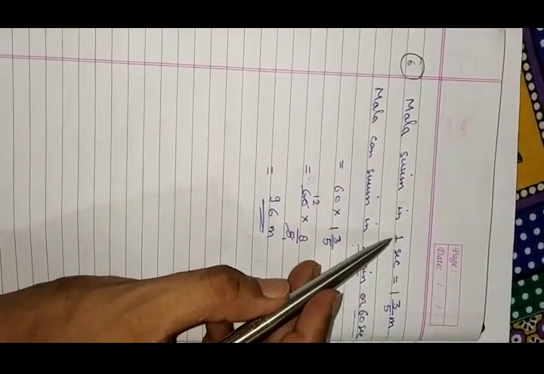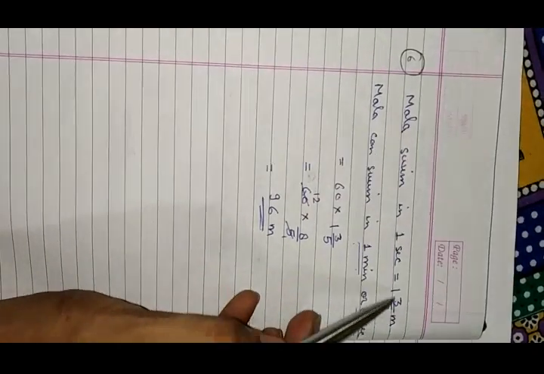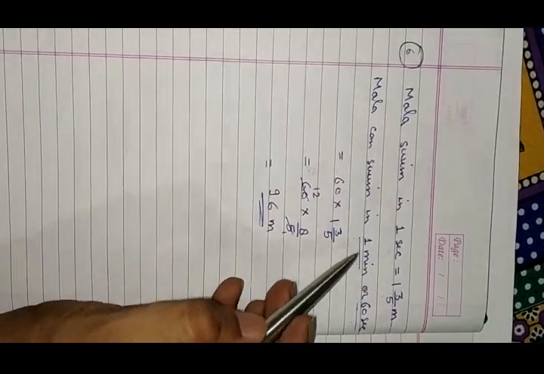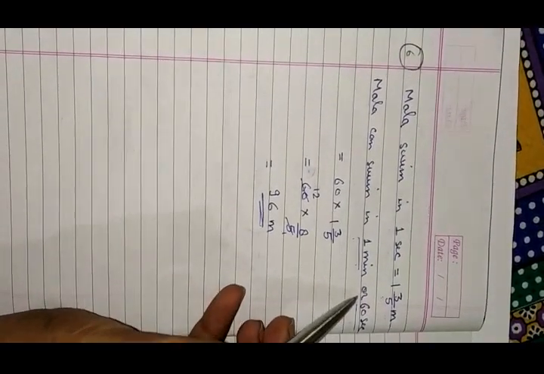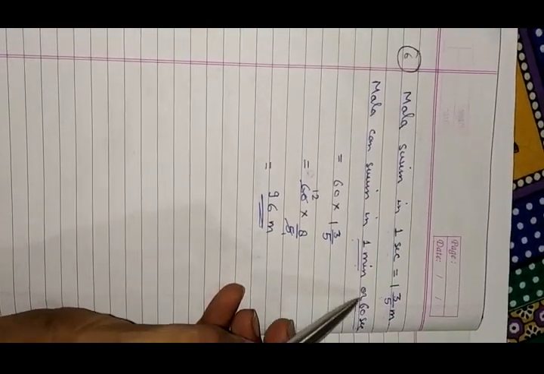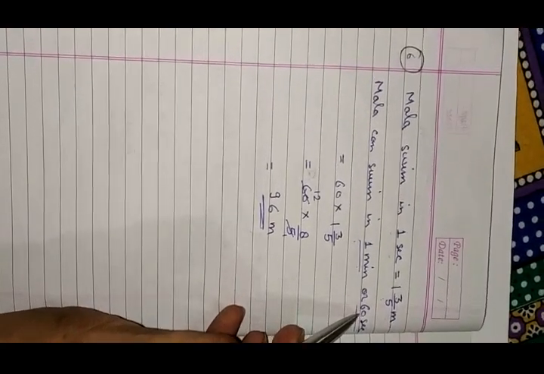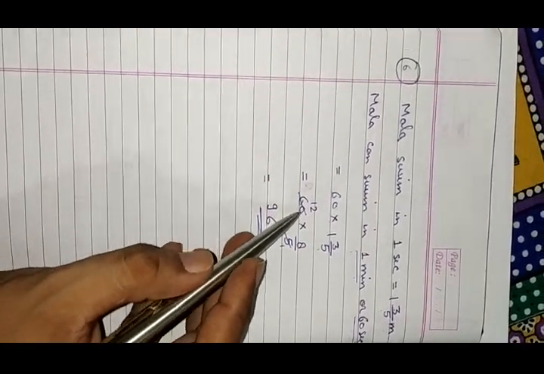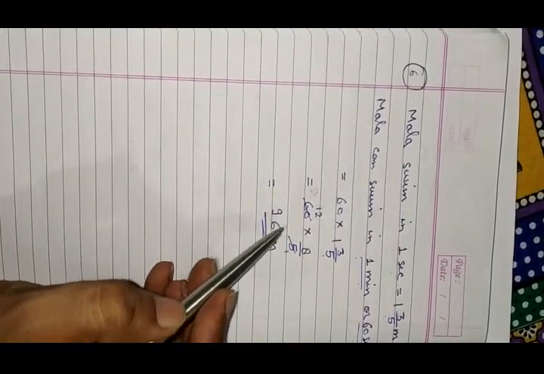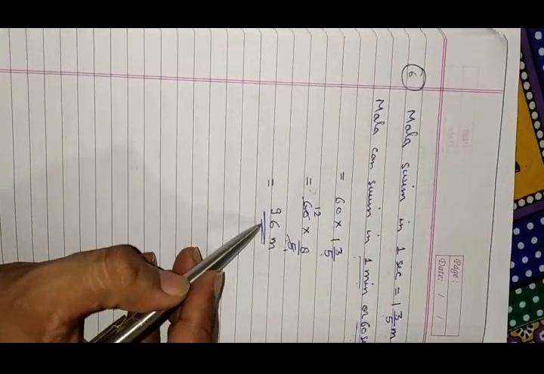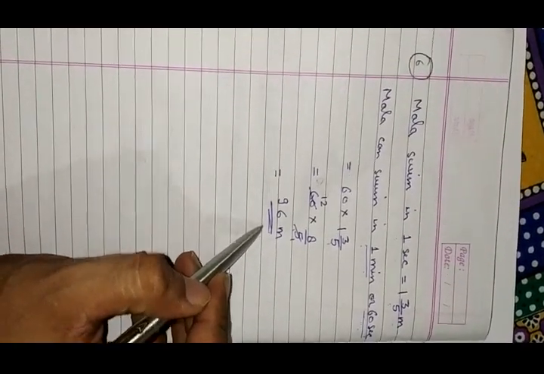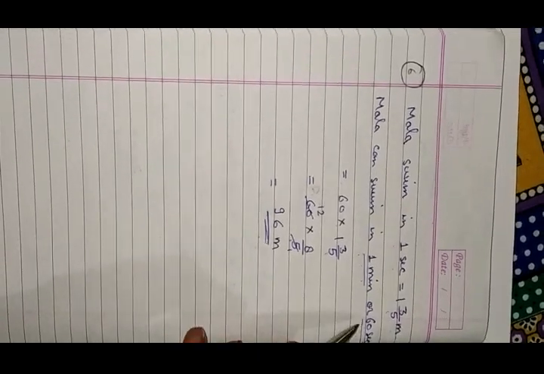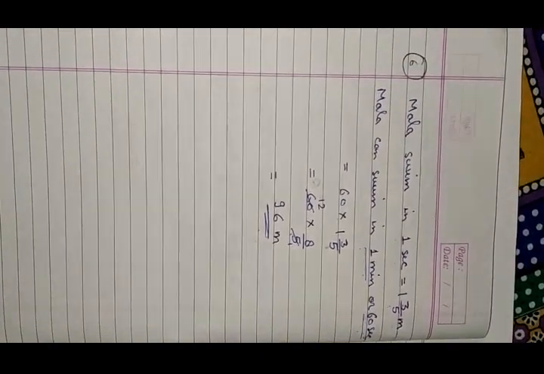So we will convert this minute into seconds, meaning 60 seconds. Now we can find the distance covered in 60 seconds. So 60 times 1 3/5. Convert this mixed fraction and cancel out the common factor. So the answer is 96 meters. So she can swim 96 meters in 60 seconds.